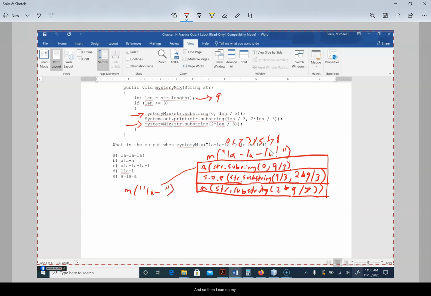And so then I can do this whole thing. This is going to be M of law, and I can do my whole big box over here.